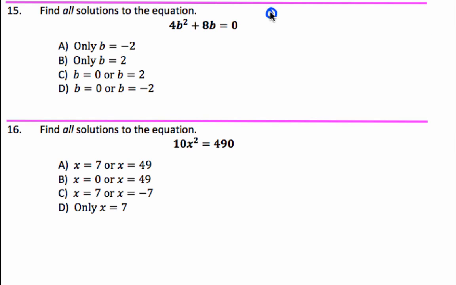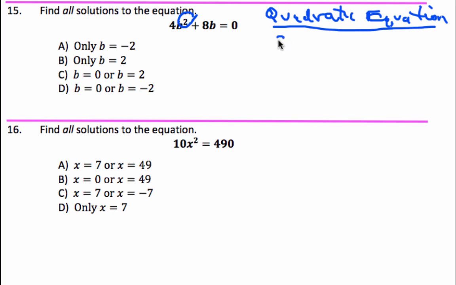Problem number 15 has an equation which we called a quadratic equation. A quadratic equation is one in which the highest exponent is 2. Now the general form of a quadratic equation is ax squared, some number times x squared, plus some number times x, plus just some number c, equals 0.